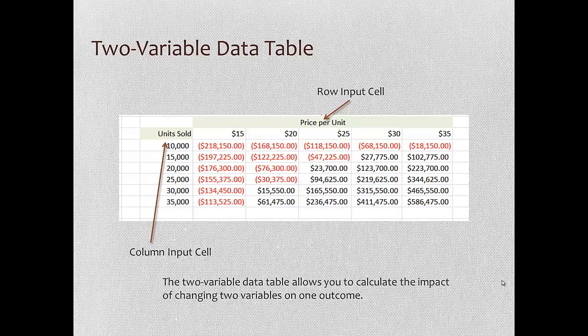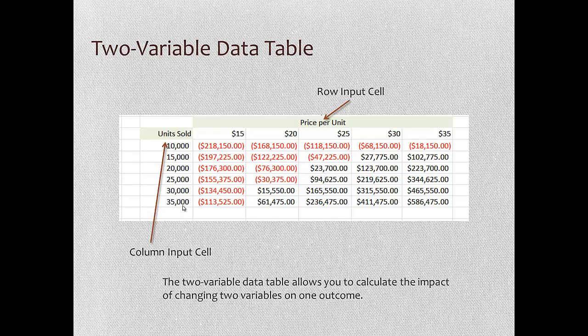In this video, I'm going to look at a two-variable data table. With the two-variable data table, you can look at changing two different amounts in your spreadsheet to project one outcome.